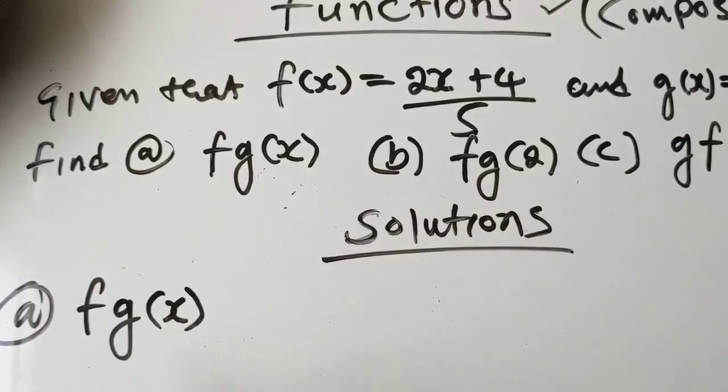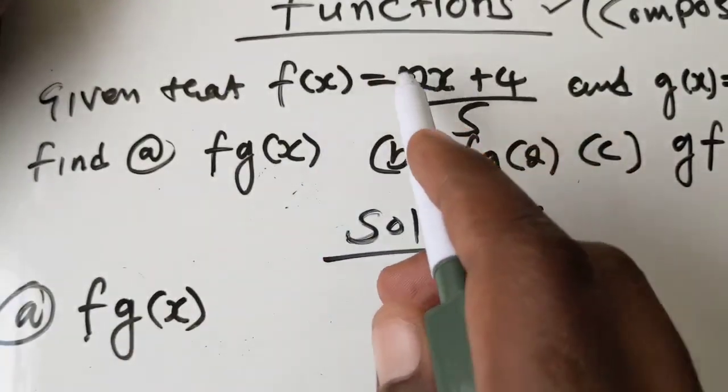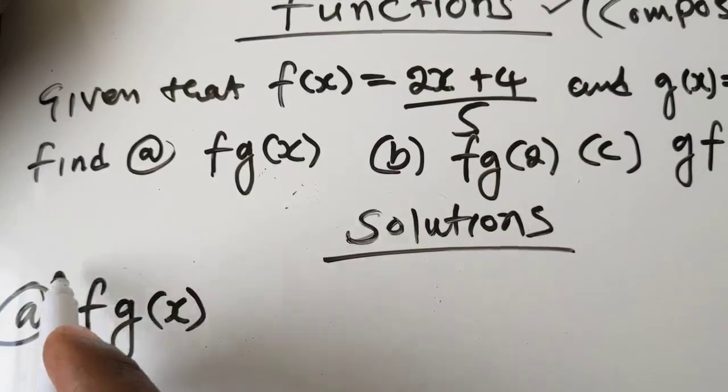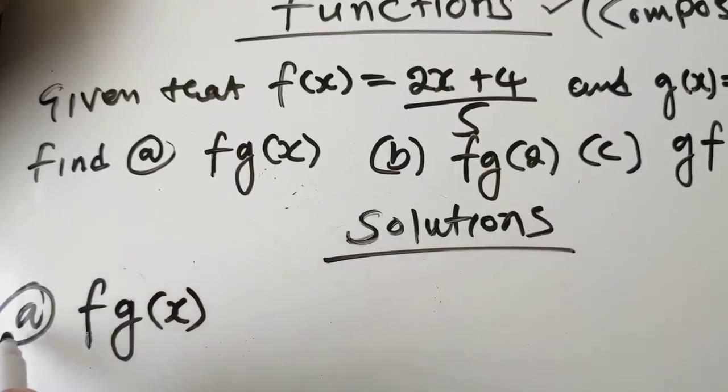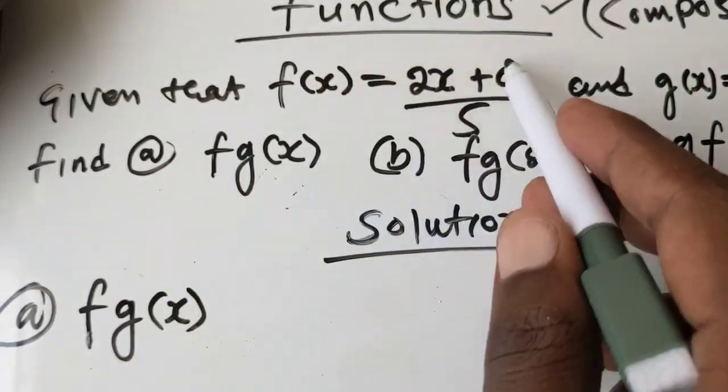what it means. This is the function f. So here what they mean is that you get the function of f, the one that is starting with f. This is the function of f right here.